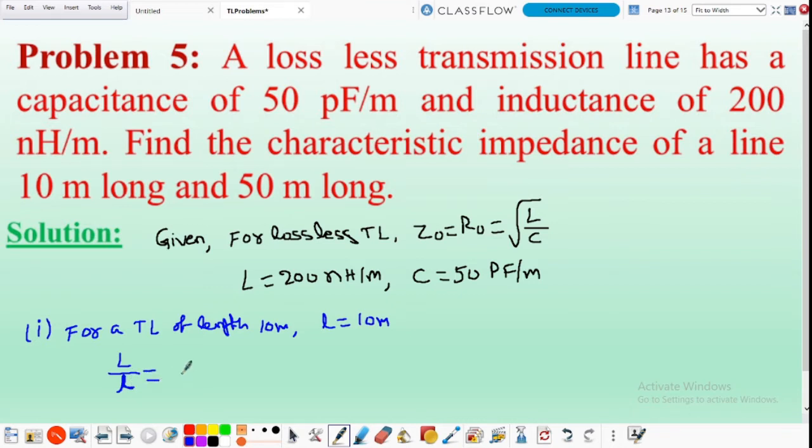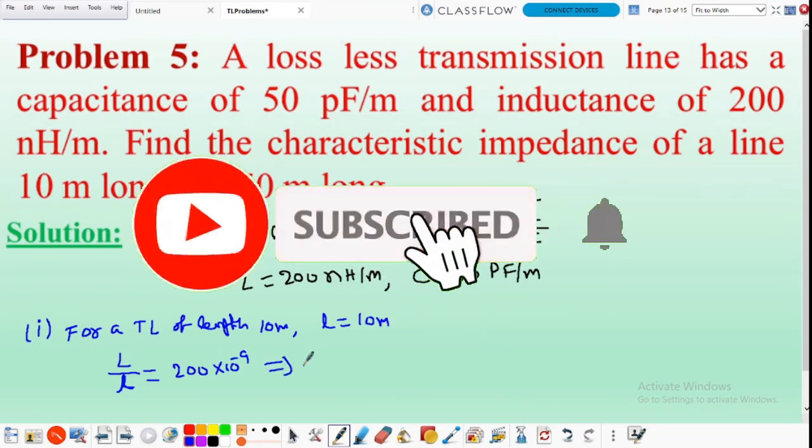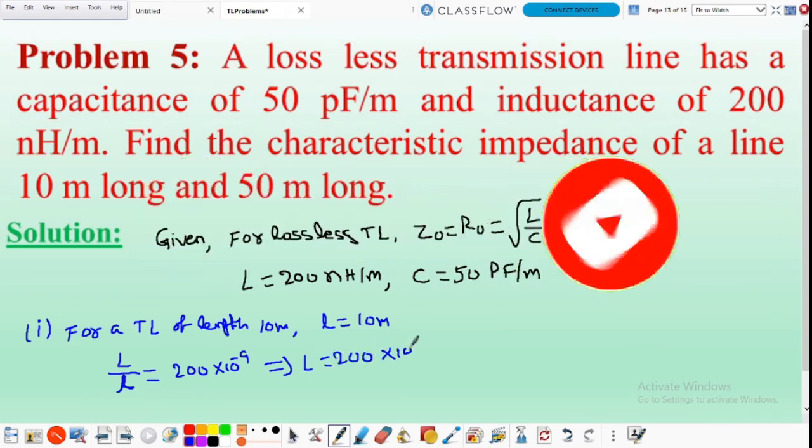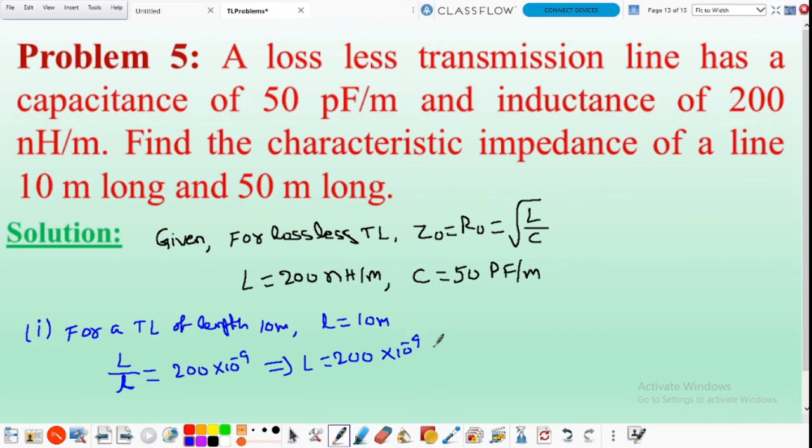So what is the inductance? Given that inductance L is equal to 200 nanohenry per meter, 200 into 10 to the power of minus 9. Therefore the inductance is 200 into 10 to the power of minus 9 into the length of the transmission line, 10 meters. So that is equal to 2 into 10 to the power of minus 6 henries.